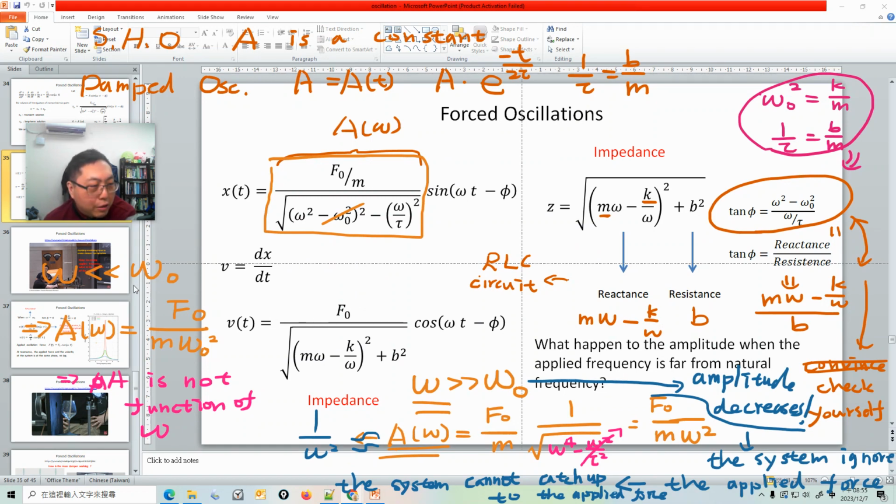So we discussed when the applied frequency is way below the natural frequency and way over the natural frequency.